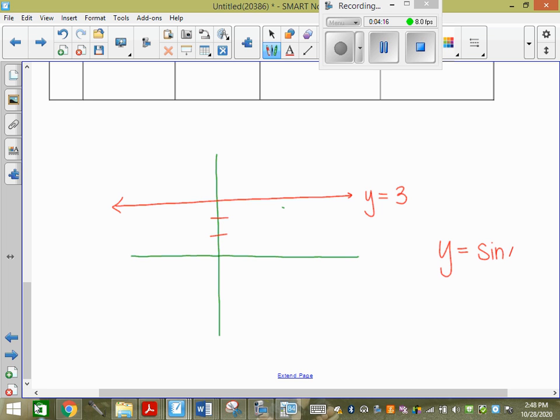Sine x plus 3. So this is my D. My amplitude is 1, isn't it? Correct? Because it's the absolute value of A. So let's think about it. If my amplitude is 1, it's half the distance, correct? So if I go from my midline, which is the line that cuts the graph in half, and I go up 1, what am I at now? 4. And if I go down 1, what am I at?